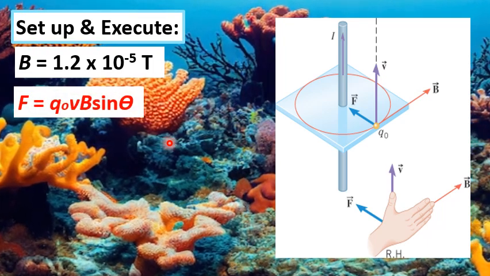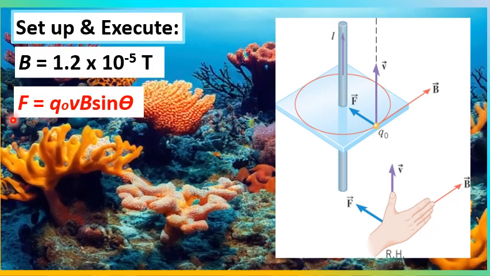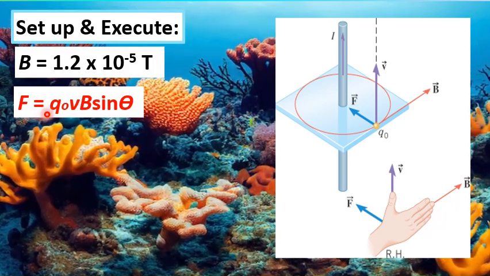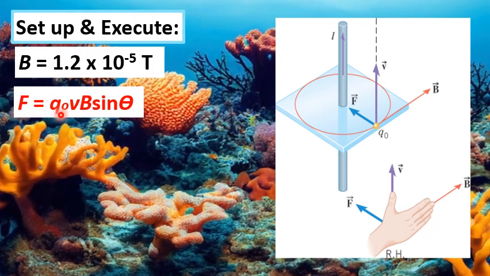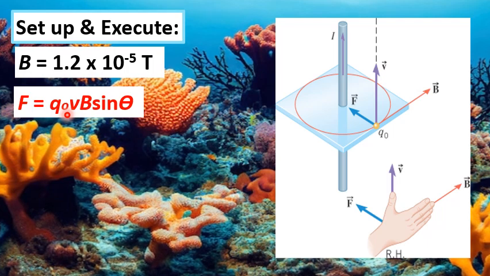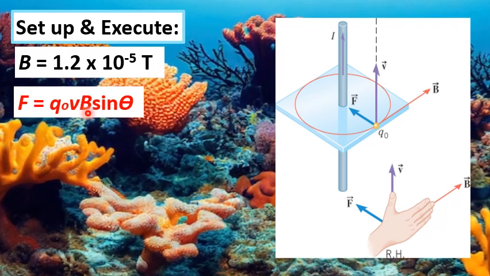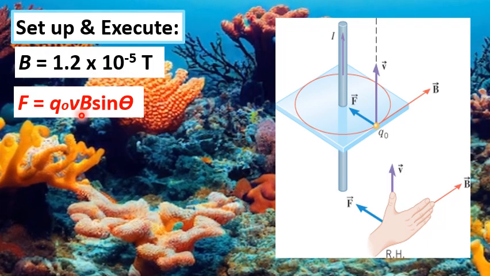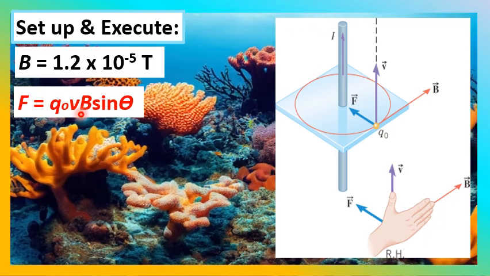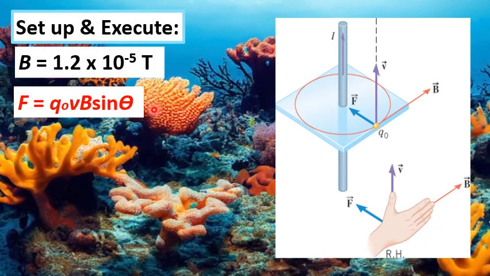So the formula for finding the magnetic force is just F equals the product of the charge Q naught, its speed v, the magnitude of the magnetic field, capital B, and the sine of the angle theta.